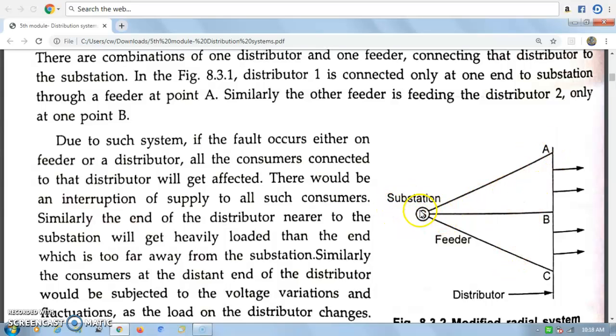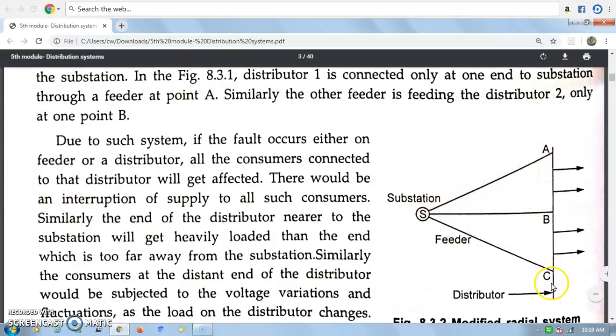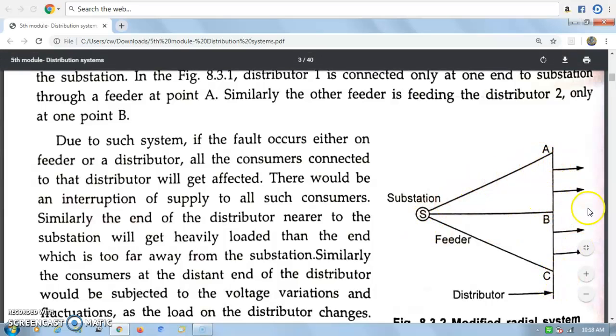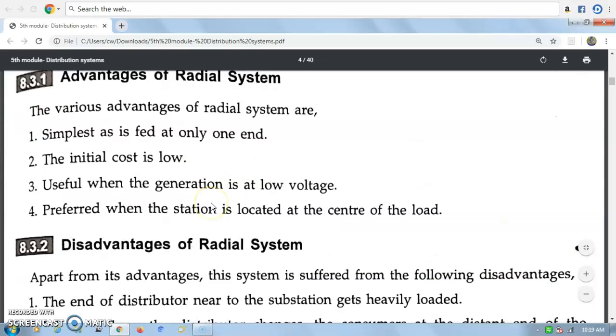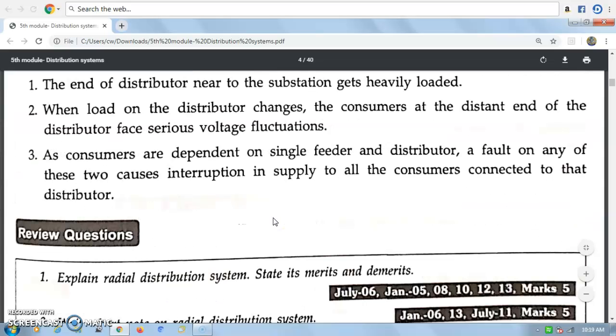Here the substation is connected through a number of feeders to point A, point B, point C. This is the distribution system, and these are the consumers connected to it. If a fault occurs on feeder A, the consumer can get supply through feeder B or feeder C. Like this, we can modify it to a single distributor fed at points A, B, C. Go through the advantages and disadvantages of the radial system.